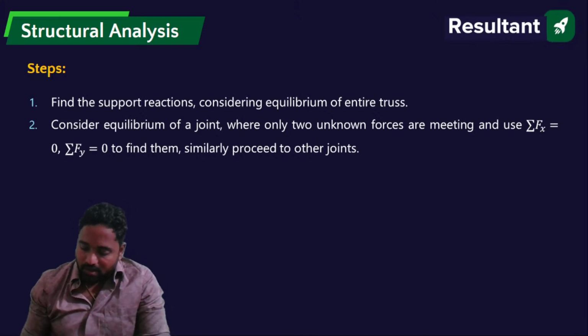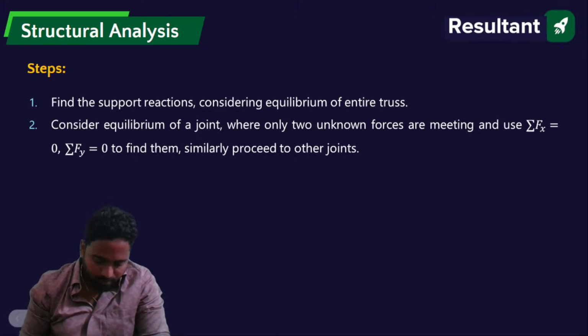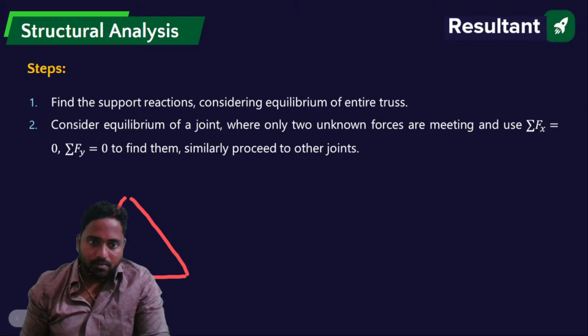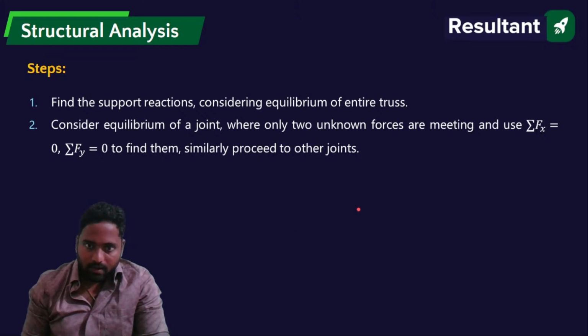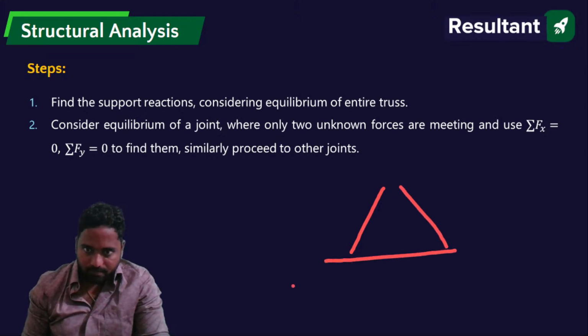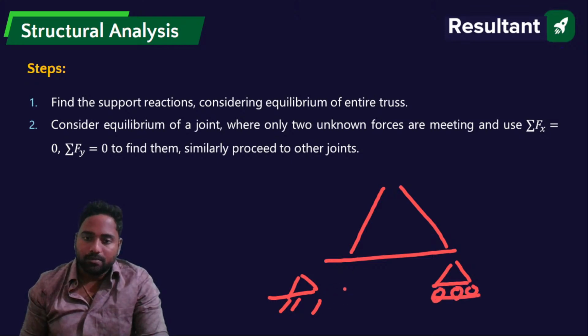So if I take a small truss, generally there will be a hinge support here and there will be a roller support here. Okay, so in hinge support there will be two reactions. One would be something like this, other would be something like this. At roller support there will be one reaction.